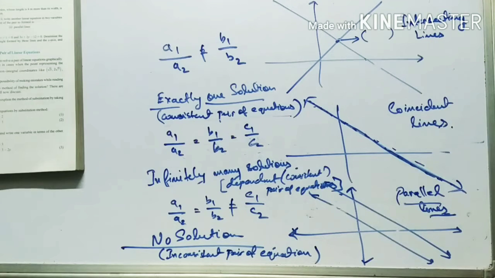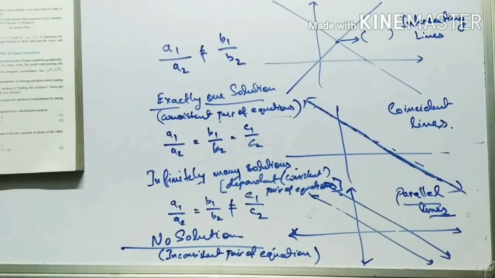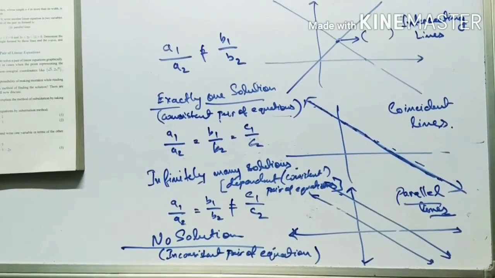These two lines can intersect at a point, be coincident, or be parallel. If they intersect at a point, the pair has exactly one solution and is called a consistent pair of equations. If they are coincident, they have infinitely many solutions and are called a dependent pair of equations.